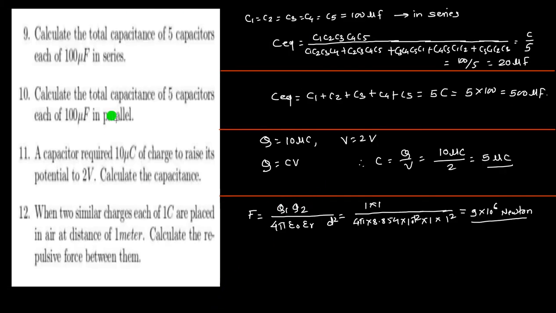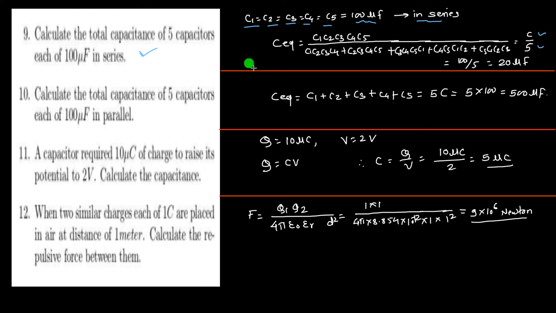Next, we have to calculate the total capacitance if 5 capacitors, each of 100 microfarad, are in series. So C1, C2, C3, C4, C5 are all of 100 microfarad. They are in series, so you can apply the series formula, but all values are the same, so simply you can do it by C by 5.